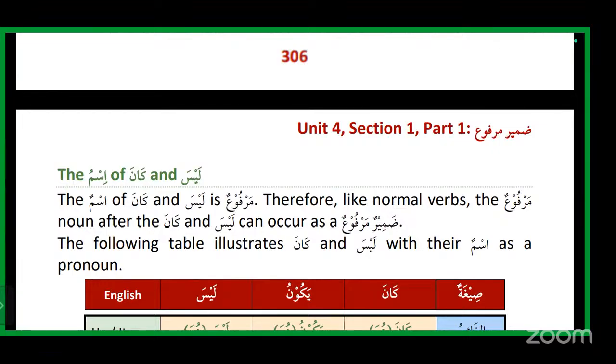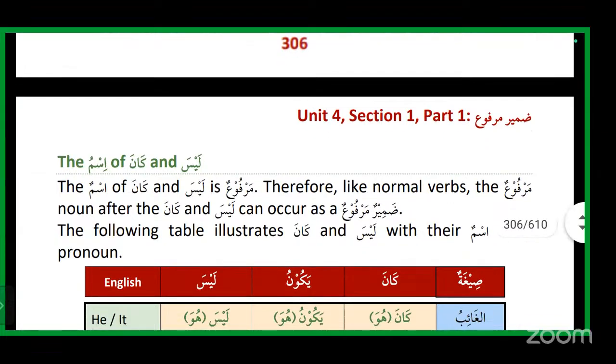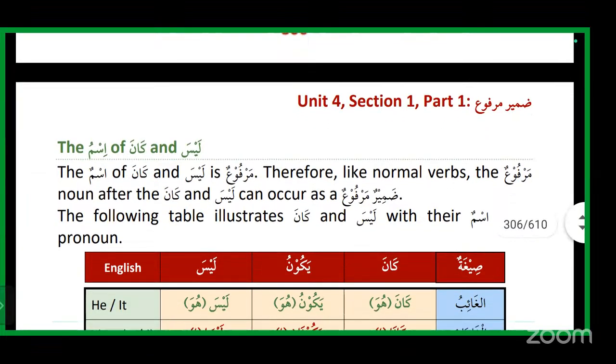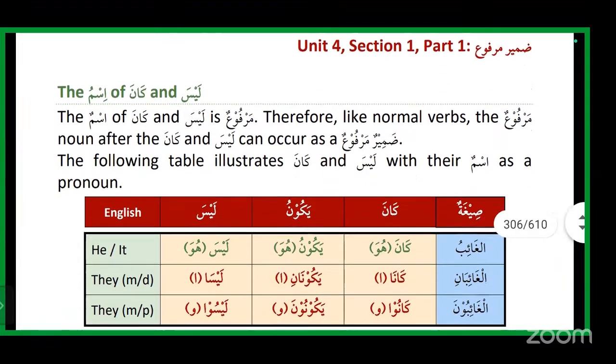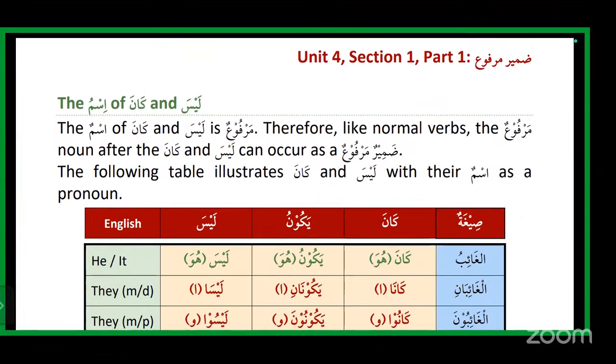The marfu noun after kana and laysa can occur as zamirun marfu. It is very easy to understand that the ismu kana or ismu laysa can be a pronoun instead of a noun. The following table illustrates kana and laysa with their ism and a pronoun.